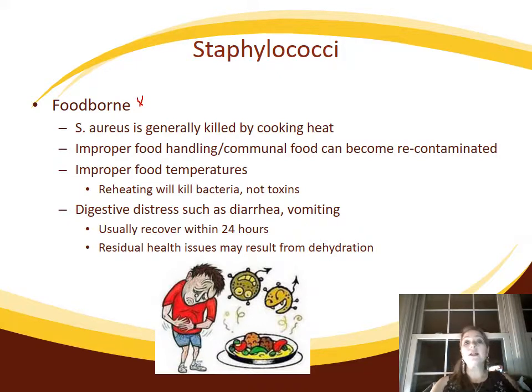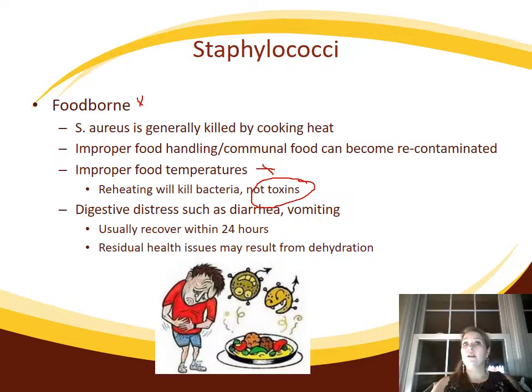It can become recontaminated by the number of people that are handling the food, whether it be the people serving the food or the people getting the food. And then once the food is contaminated, although the cooking temperatures can actually kill the contamination itself, like I said, the toxins can sometimes still be present.